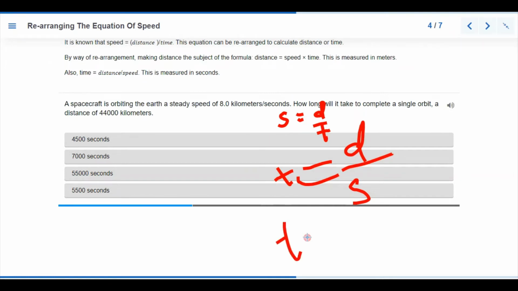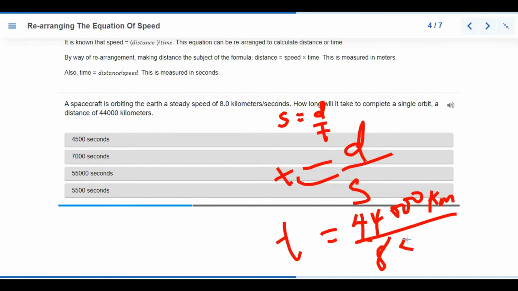Now, the distance is 44,000 kilometers, while the speed is 8 kilometers per second.